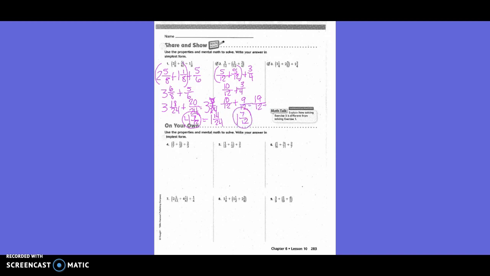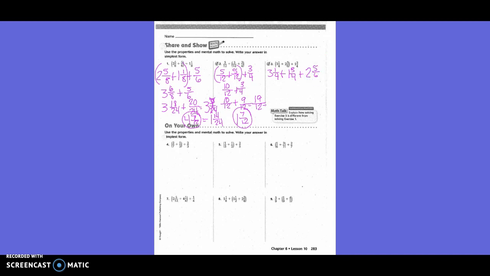3 and 1/4 plus 2 and 5/6 plus 1 and 3/4. Which property do we need to use first? The commutative. We need to rewrite it in a different order, right? So we're going to write 3 and 1/4 plus 1 and 3/4 plus 2 and 5/6. Now where do I put my parentheses?